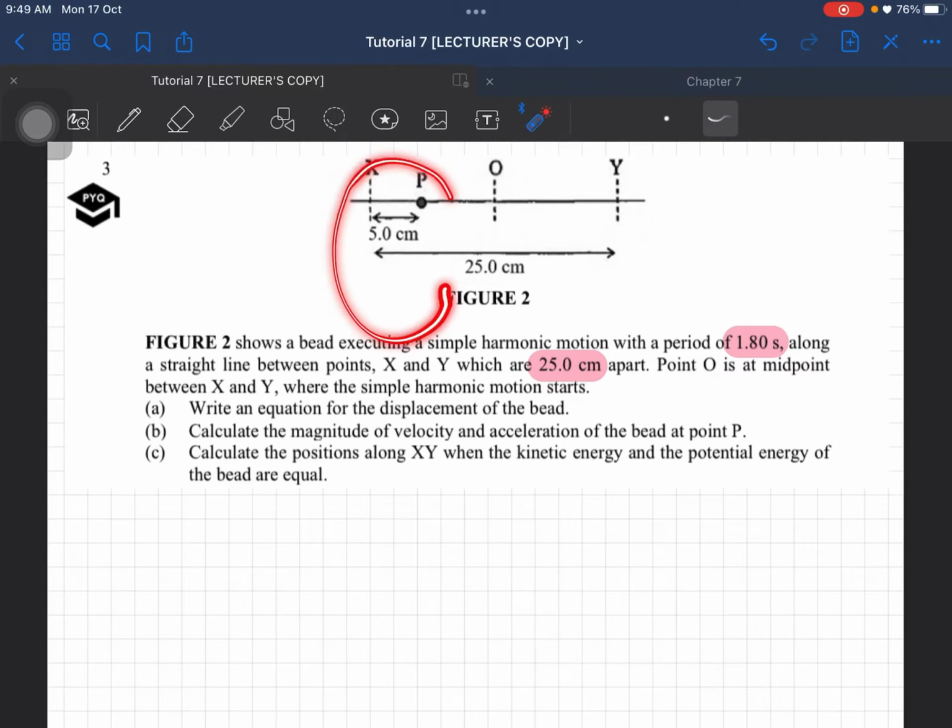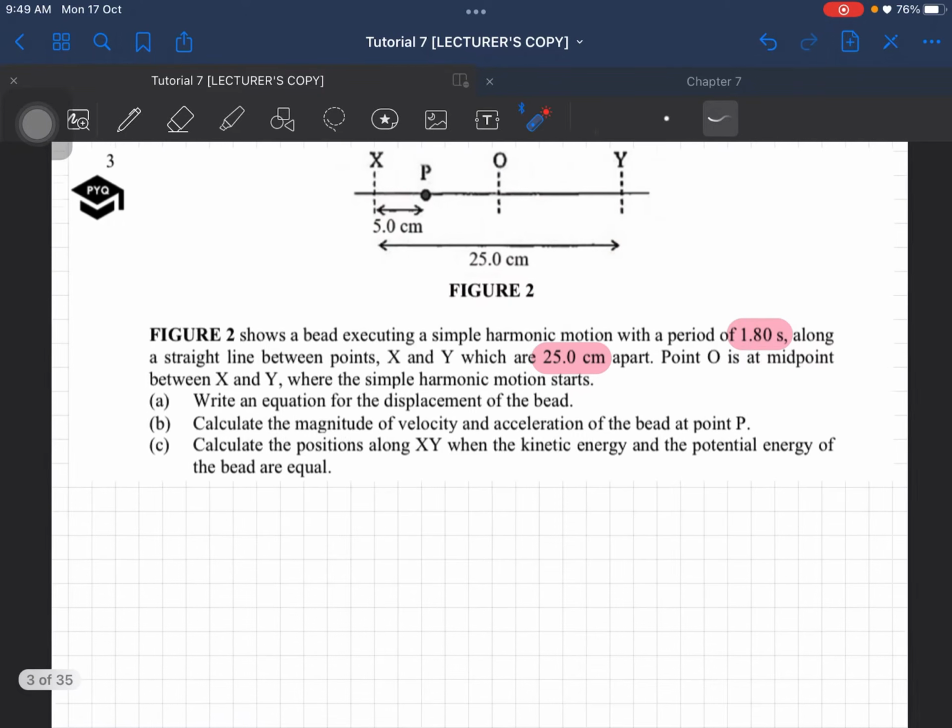So the bead is here. Is it that one? Yeah, okay. So this is basically the motion. What we can get from this figure is that as O is the midpoint, the amplitude is half of this 25 centimeters.